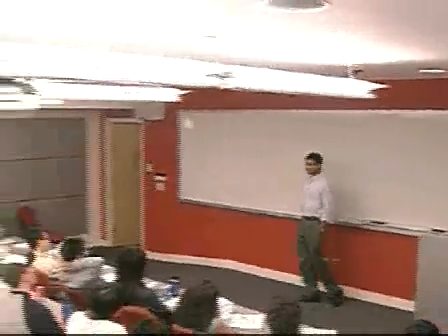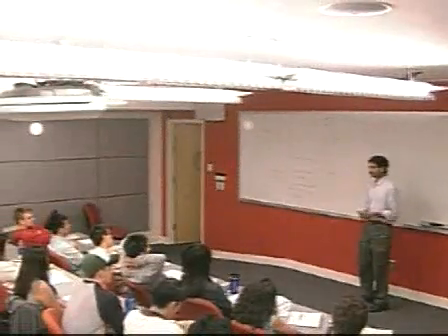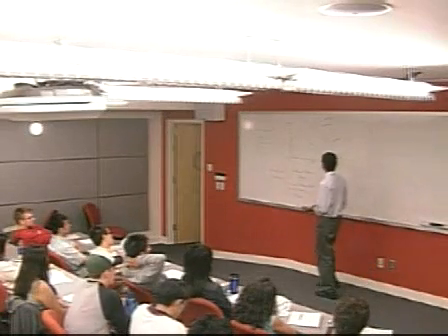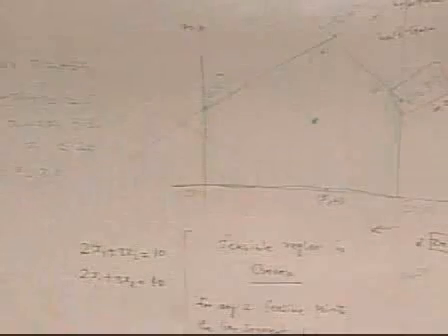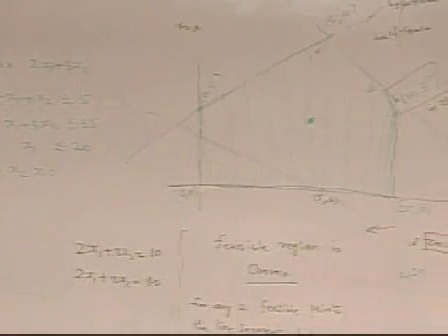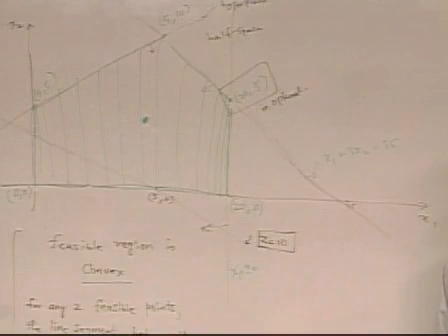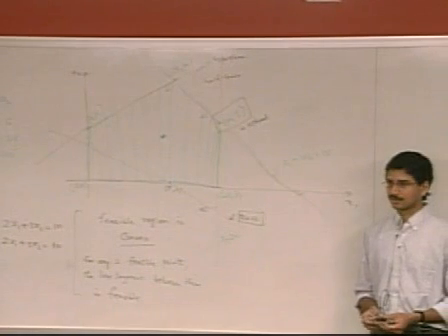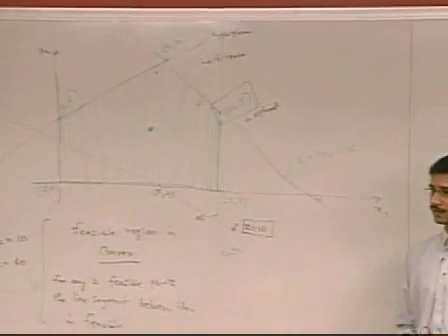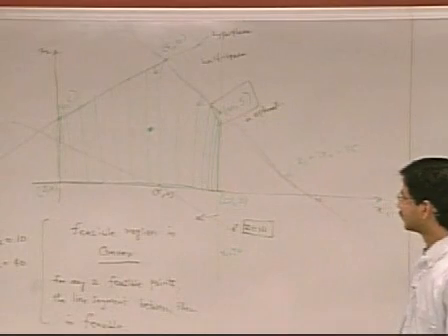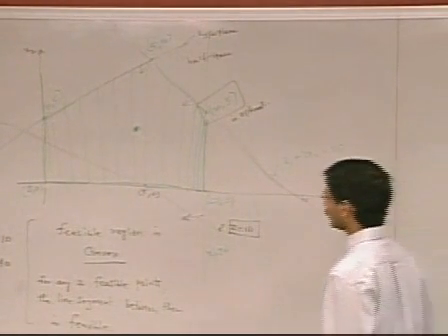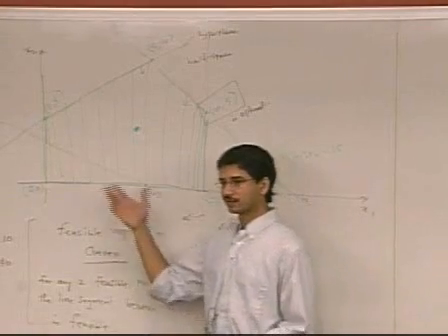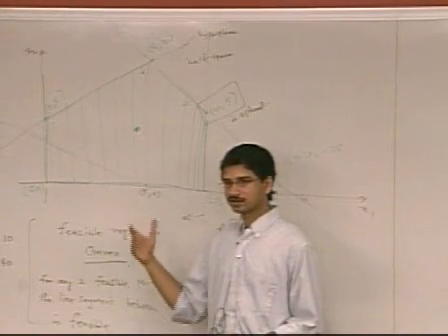It's the number of ways of choosing 2 out of 5, which gives you 10. How many corner points do we have? 5. So what happened to the others? Well, we just said corner points are obtained by solving some two equations.